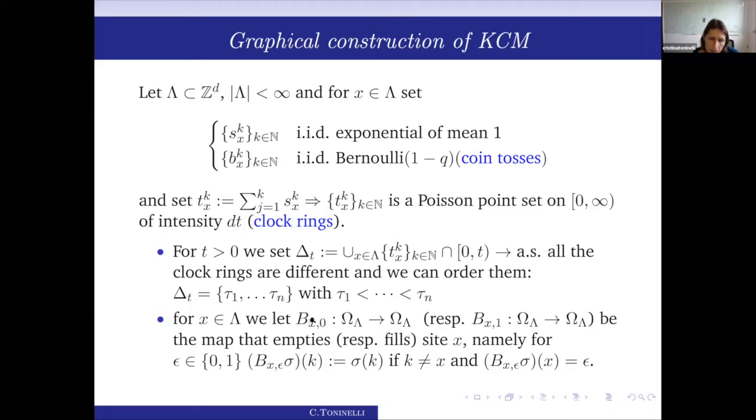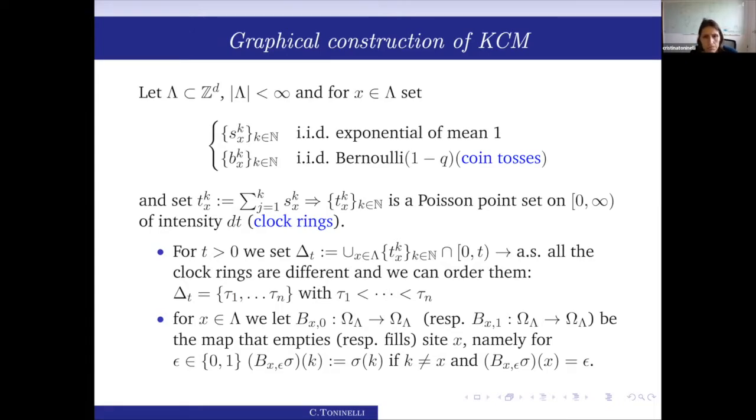I define a map B_x^0, which takes the current configuration and spits out a new configuration, which is the same at all sites except at x, where the site is set to 0. Same for the other map, B_x^1 is the map which takes a configuration and fills site x. If it was already filled, it gives the same configuration. If it's not filled, it gives a configuration in which I modify just site x by filling it.